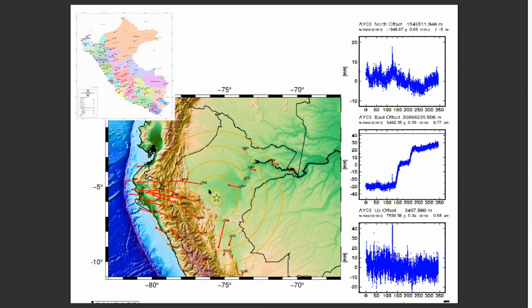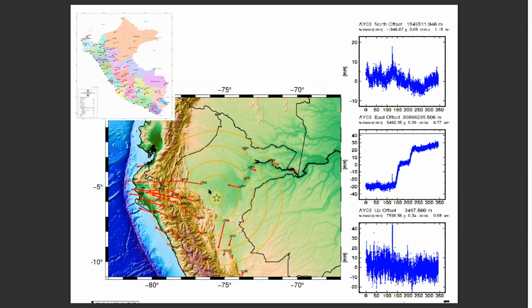These arrows are the displacement before and after the earthquake on the 26th of May this year.